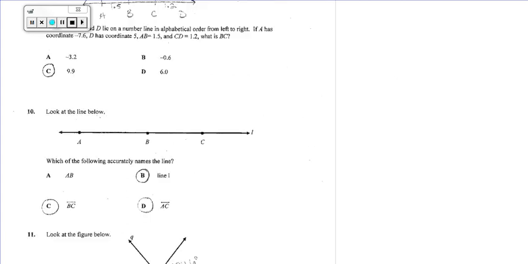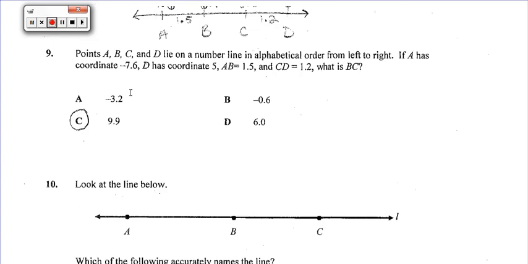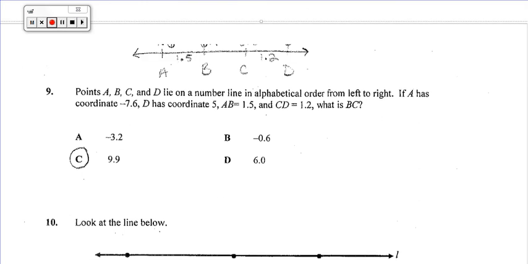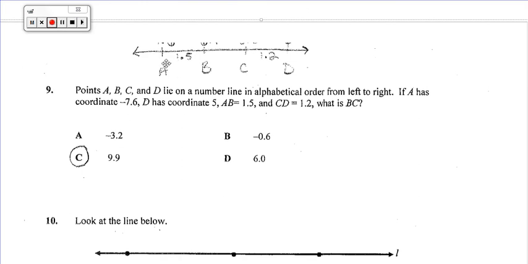Okay, next one. So for this next problem, you can see things got a little bit cut off up here. Points A, B, C, and D lie on a number line in alphabetical order.